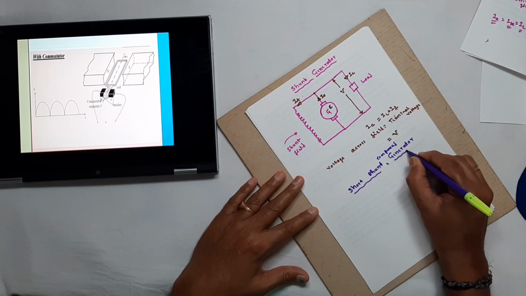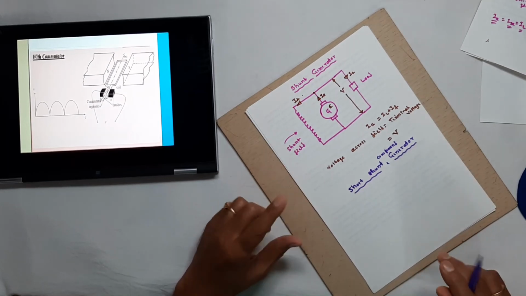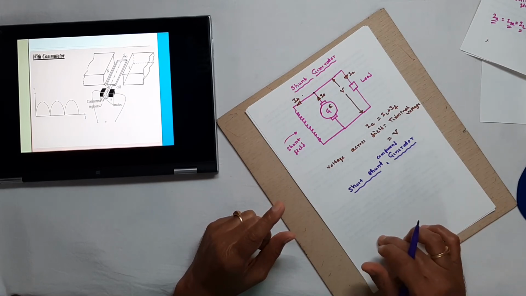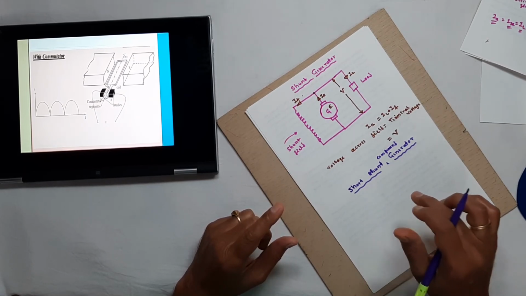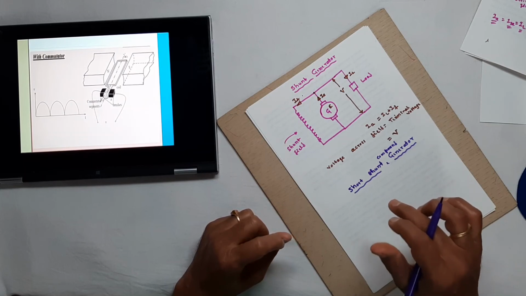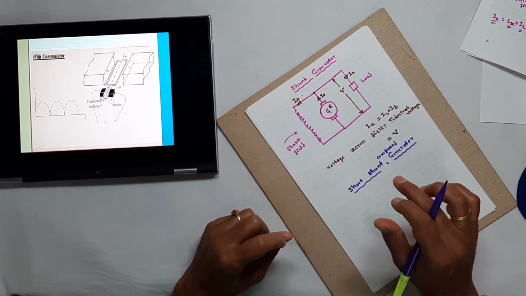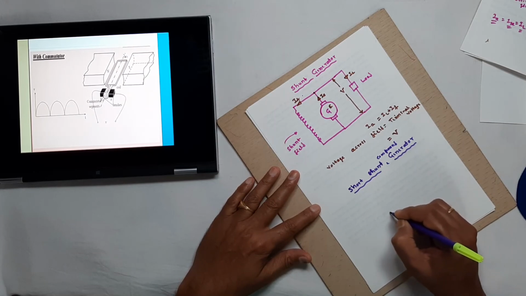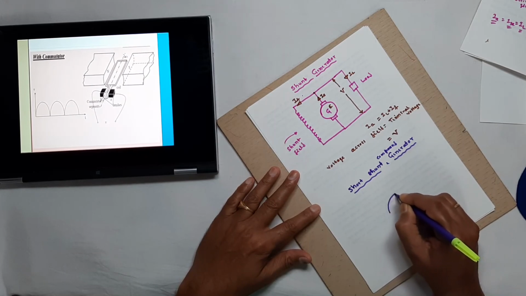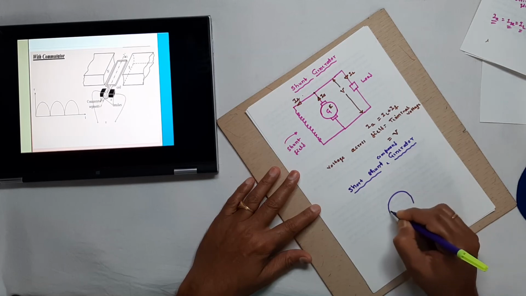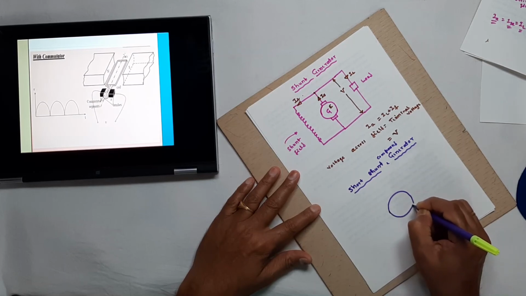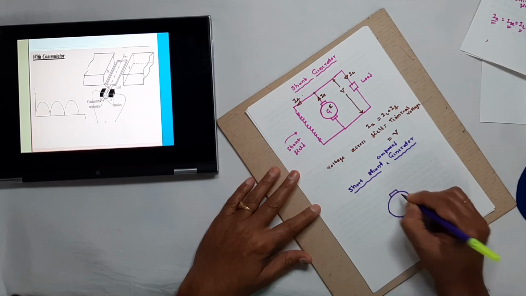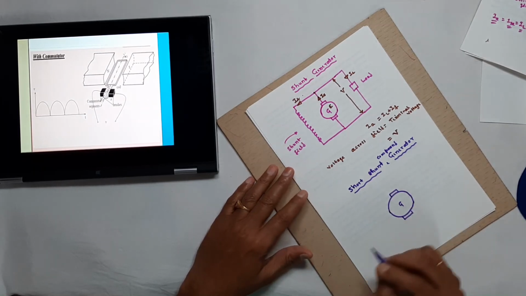Once again, it consists of armature and field. In the case of the compound generator we have both series as well as shunt fields. Therefore you can observe very keenly here. I have an armature with two brushes, generator.